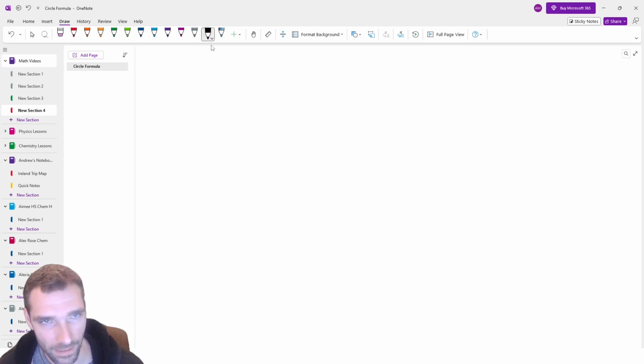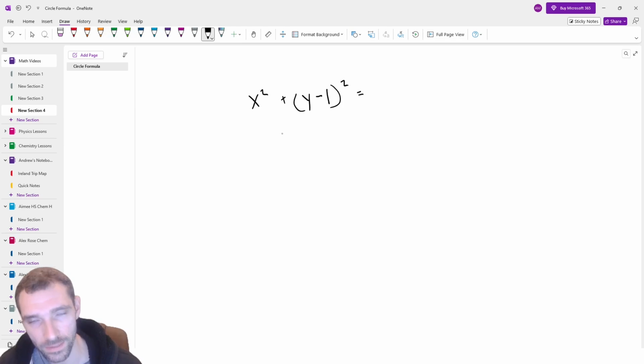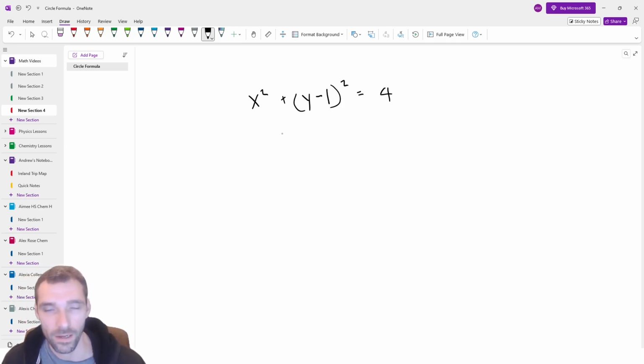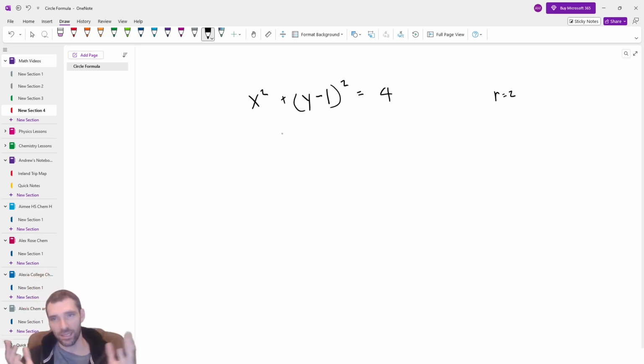Let's say that you have x squared plus y minus 1 squared, but this is now equal to 4. And if you know that this formula is going to be r squared, so our r should be equal to 2. And if you know the h and k values, how does that work?